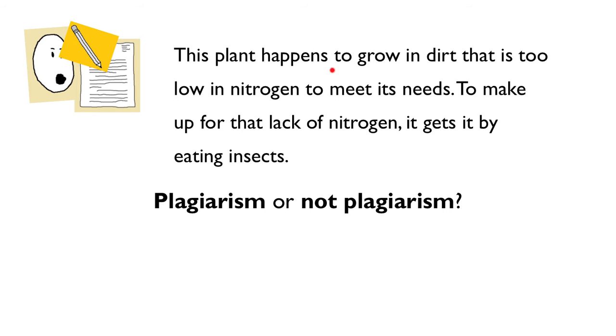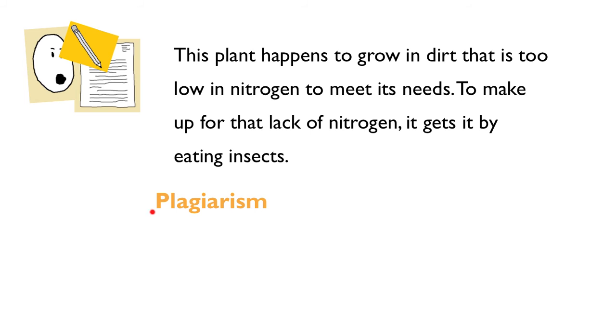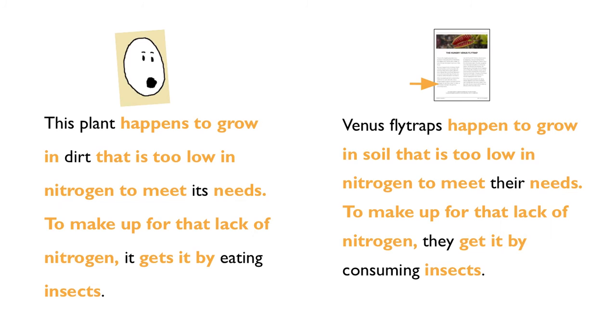Here's another. This plant happens to grow in dirt that is too low in nitrogen to meet its needs. To make up for that lack of nitrogen, it gets it by eating insects. Plagiarism or not plagiarism? Plagiarism. Oh, Joe.